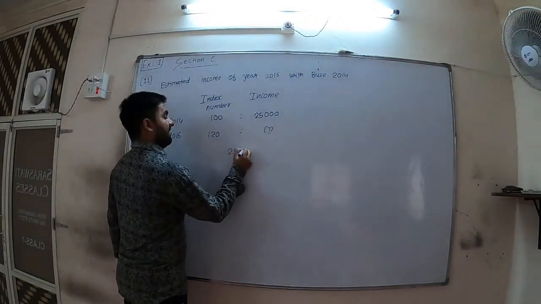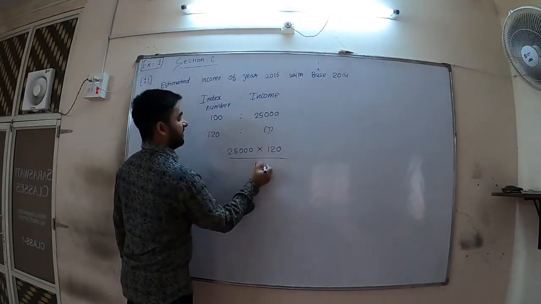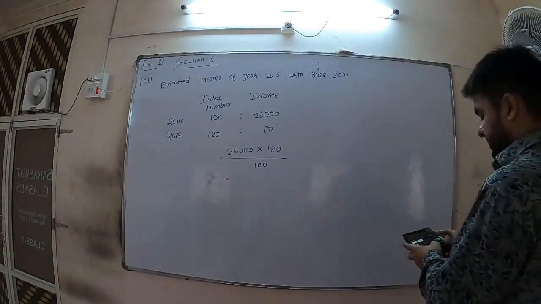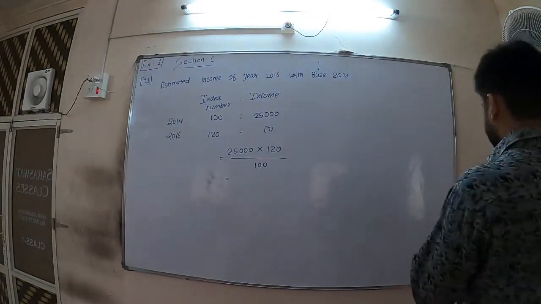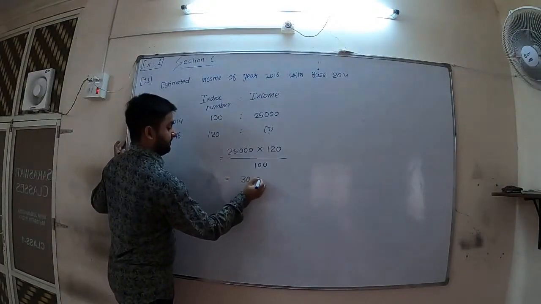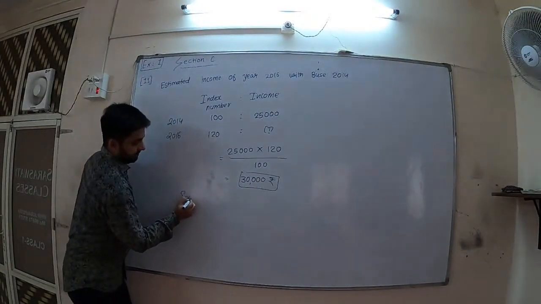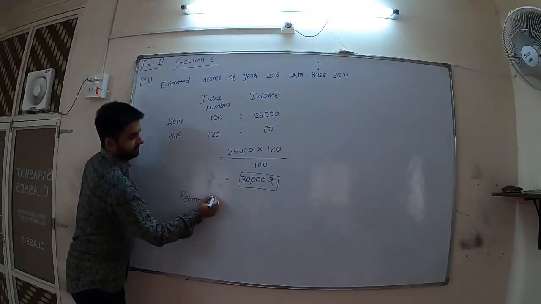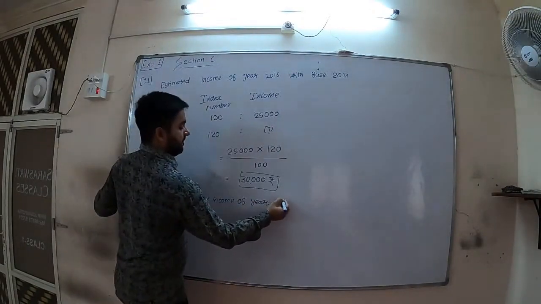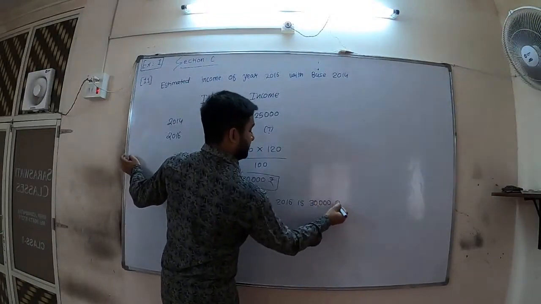Now 25,000 multiply 120. Multiplication of both, divide by 100. 25,000 into 120 by 100 is 30,000. So the estimated income of year 2016 is 30,000.